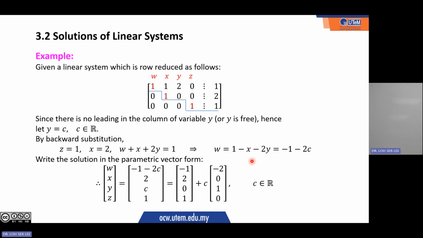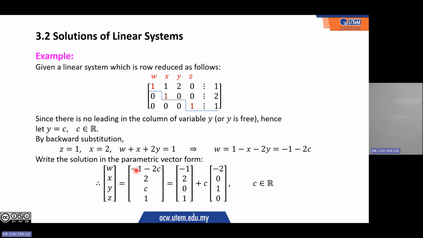Then you put the W, X, Y, Z into the vector form. Display your answer in vector form. Since your answer contains values only, and also another part that contains c, we separate this solution into two groups. One is just the values without c, another one with c.